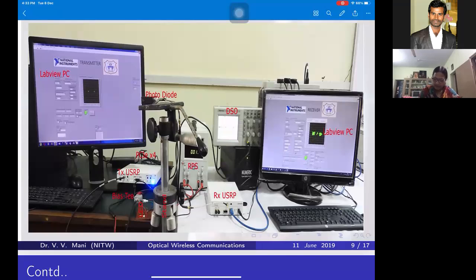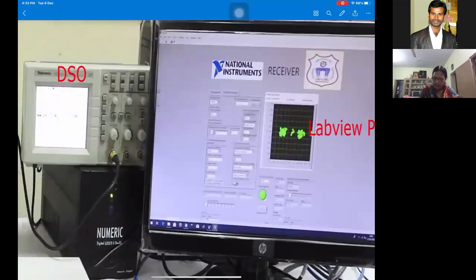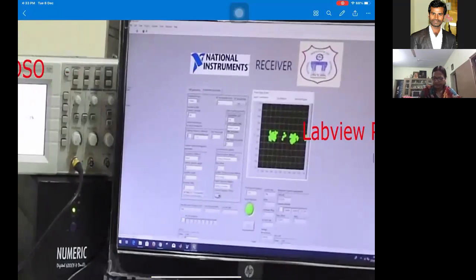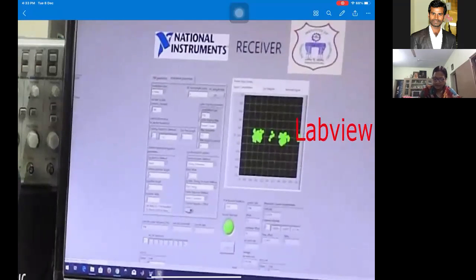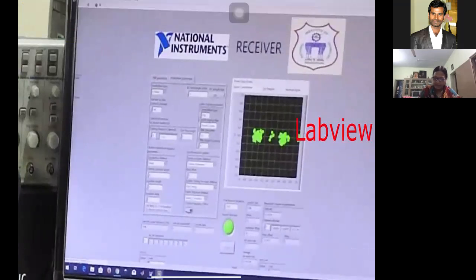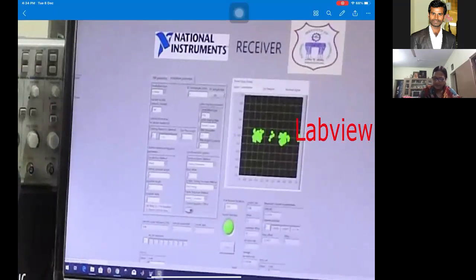Then this is given to LabVIEW, and we identify the reception. We can see the transmitted waveform is exactly the PAM, but the received waveform, because of additive white Gaussian noise and the channel, is dispersed in nature.